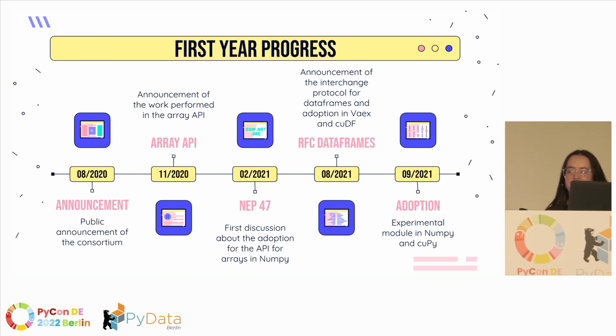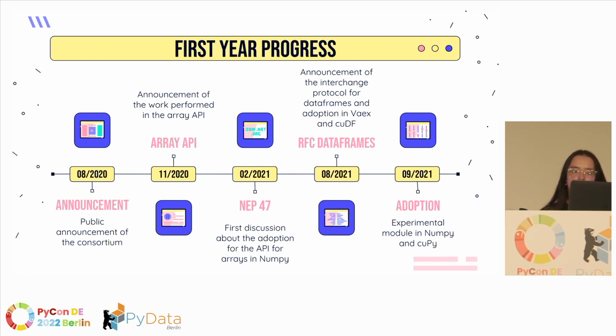On the data frame side, we also have all the major ones. And I take this space also to note that if you are developing an array or a data frame library and you want to be involved, then you just have to send us a message, and then we can arrange that.